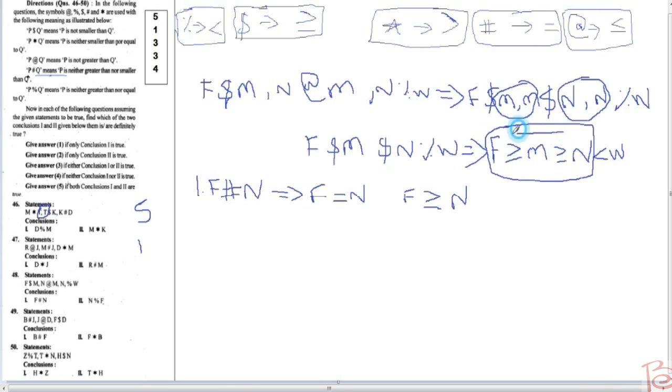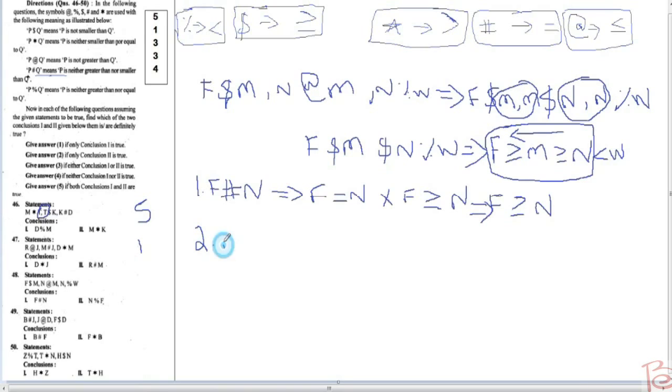Since both are in the same direction, we can get a conclusion, and since both are dual functionality, the answer will be a dual functionality. So I'm going to write the dual functionality sign, and I'm going to write the first term and the third term as it is. So this is the resultant answer, but the answer which they have given is f equal to n, so that is wrong. The first one is wrong.